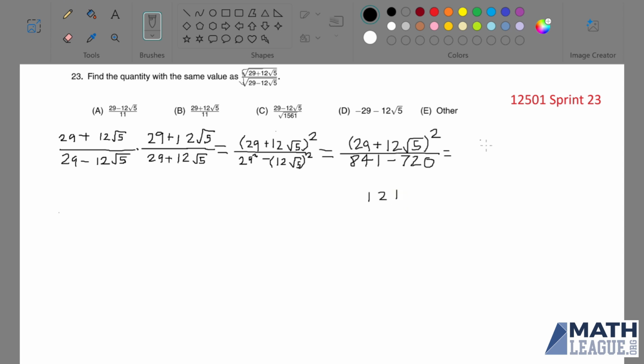And hang on, what's 121? Well, 121 is 11 squared. So now we have this big quantity, the 29 plus 12 root 5 squared over 11 squared.